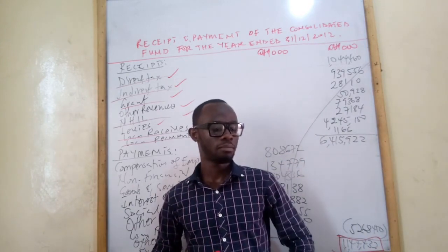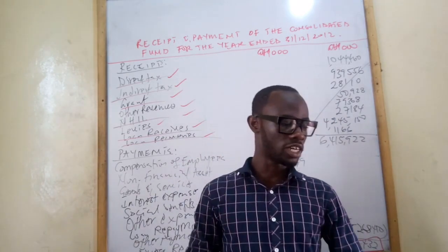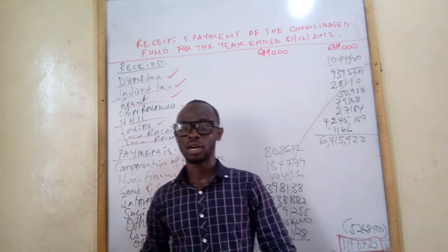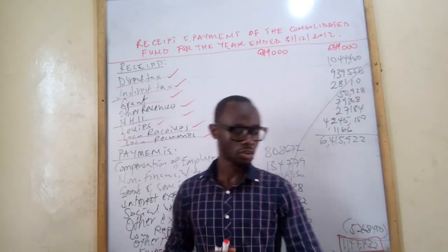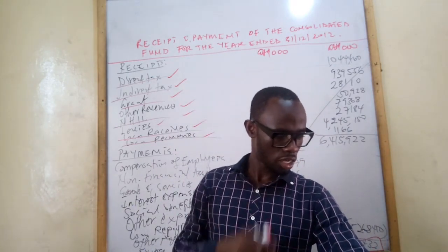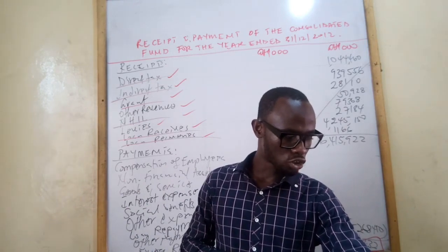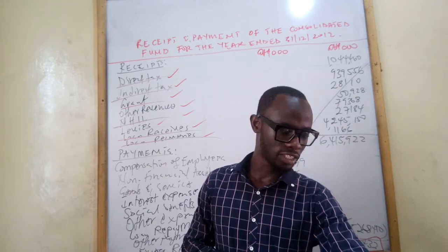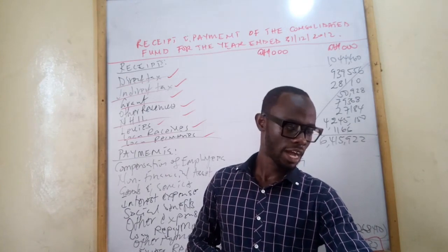The following are the balances extracted from the public accounts on the consolidated fund of the government of Ghana for the year ended 31st December 2012. So that is the second question. And we've been given the balances. Let's jump to the requirements. Prepare the consolidated fund statement of cash flow for the year ended 31st December 2012. So we are supposed to prepare the cash flow statement.